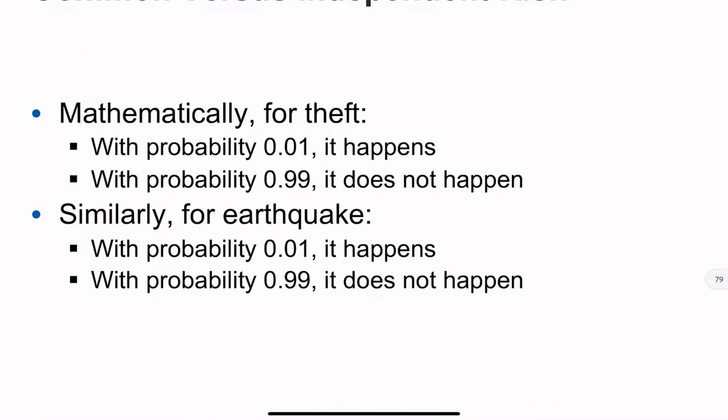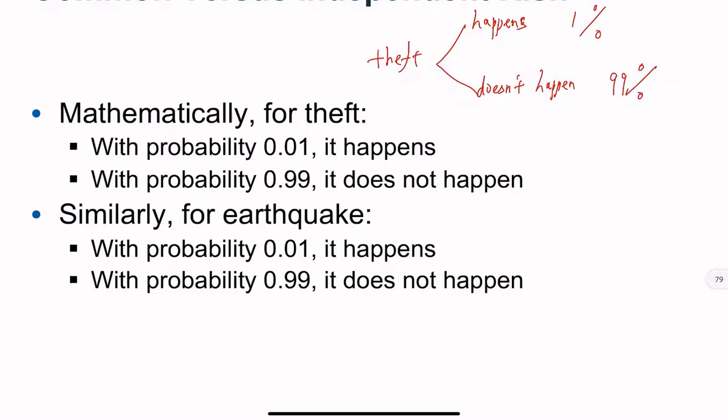Okay, now first let's think about the probability distribution. So mathematically, you can see that for theft, let's say, it happens with a probability of 1%, and it does not happen with the probability of, obviously, 99%.